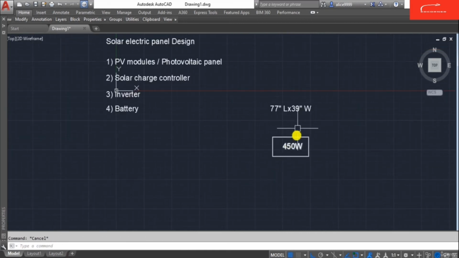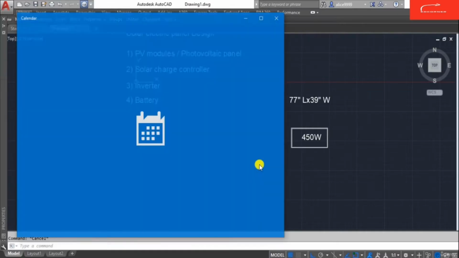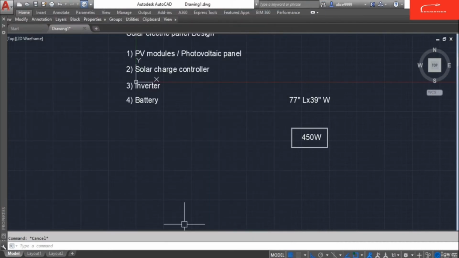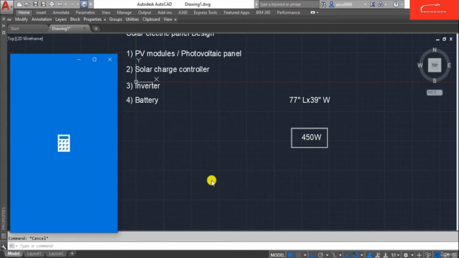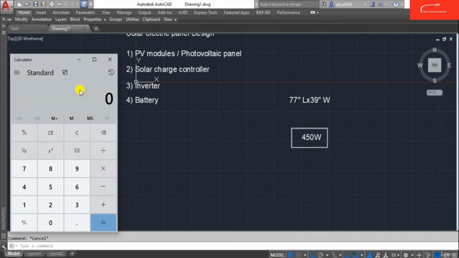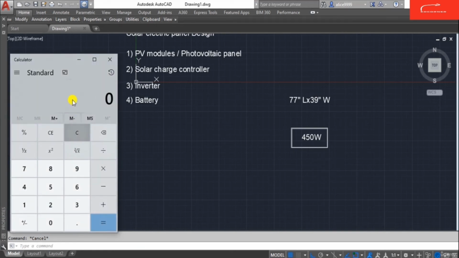So if my entire power requirement is 18 kilowatt, what I require is 18,000 divided by 450. So 40 panels are required for the entire building. It means 18 kilowatt times 1000 is 18,000 watts.